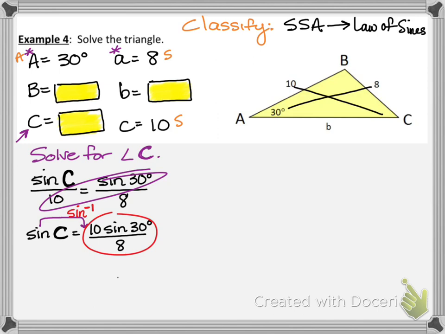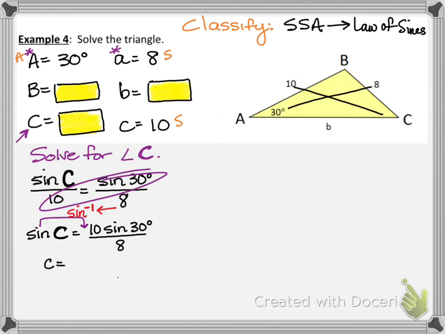So when you type it in the calculator, I literally want you to type the sine inverse first, what's in red, and then type 10 sine 30 divided by 8 and hit enter. Once you have typed that out, go ahead and practice doing that. Make sure your calculator is in degree mode. I should have told you that since the beginning.